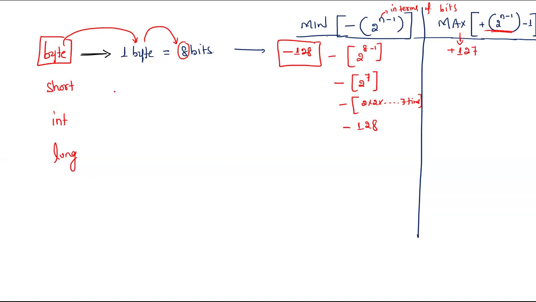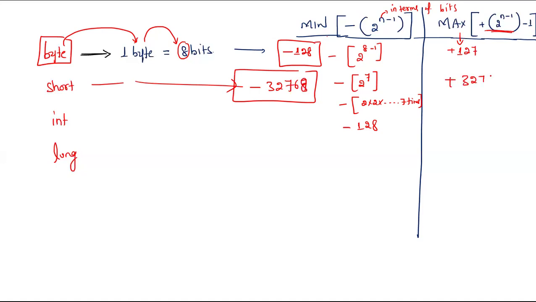With this understanding, what is short? We can write it as minus 32,768 as the minimum value for short, and plus 32,767 as the maximum. How do we get it? The same formula we have to apply.